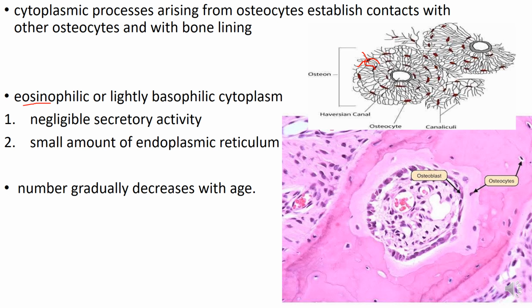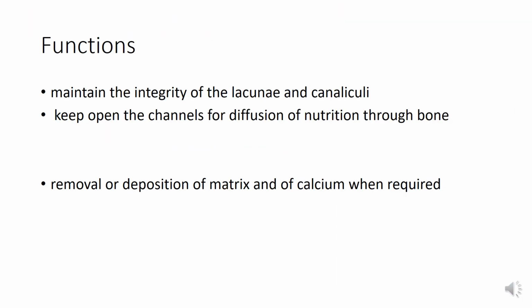In this picture you can again appreciate osteocyte within a lacunae. Coming to the functions, it maintains the integrity of lacunae and canaliculi, keeps open the channels for diffusion of nutrition through bone, and it also helps in the removal or deposition of matrix and of calcium when required.